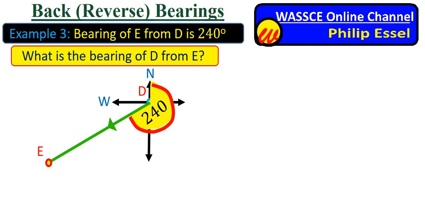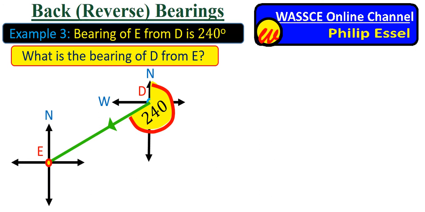Let's look at the second part of the question. The second part of the question is asking us to find the bearing of D from E. How do we do this? First, we would have to draw another cardinal point at the point E. So let's do that quickly.